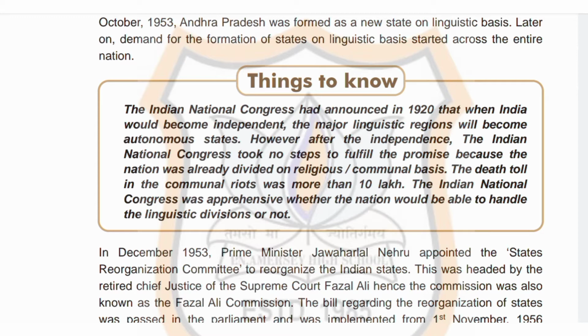However, after independence, the Indian National Congress took no steps to fulfill the promise because the nation was already divided on a religious communal basis. The death toll in the communal riots was more than 10 lakhs. The Indian National Congress was apprehensive whether the nation would be able to handle the linguistic division or not.